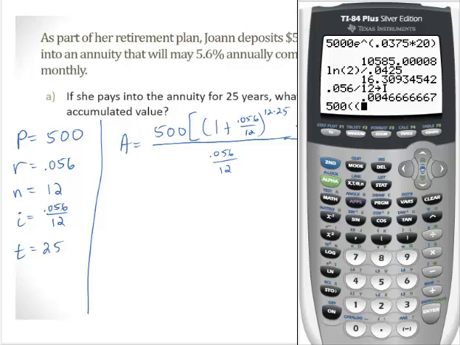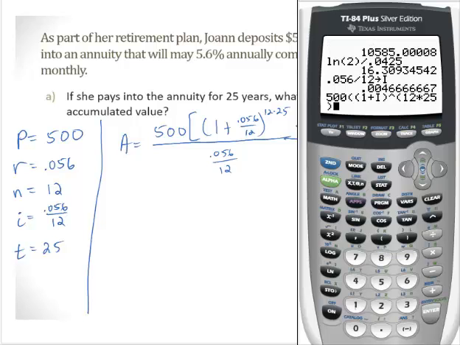I have to use another parentheses for the quantity. 1 plus, now I hit alpha I, and I need to raise that to the 12 times 25. I need to subtract 1, close off the numerator, and then I'm going to divide that by, again, alpha I. Enter.